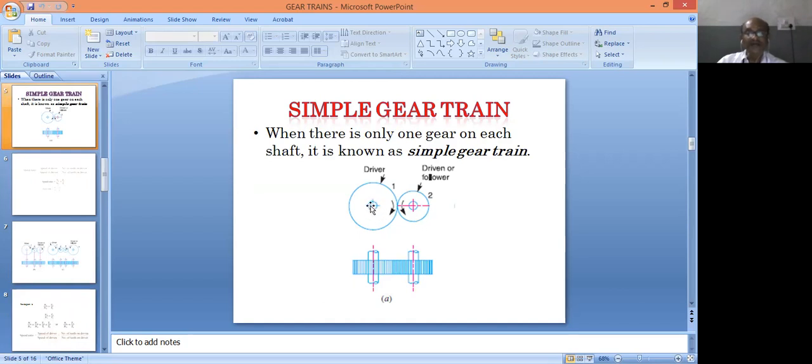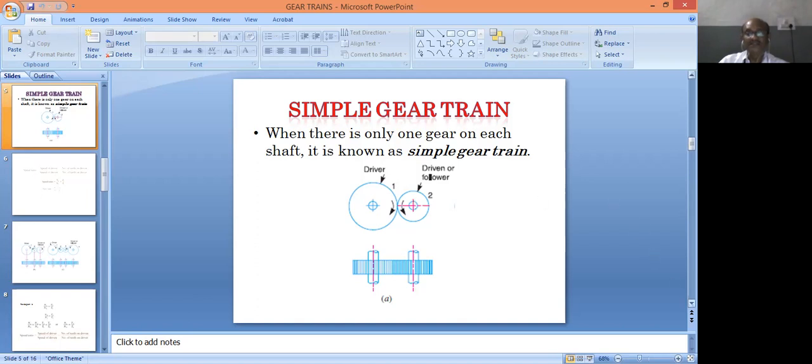Each shaft carries only one gear wheel, so a simple gear train is a system of gears in which each shaft carries only one wheel. When the driver rotates in the clockwise direction, the follower gear rotates in the opposite direction, that is, anti-clockwise.